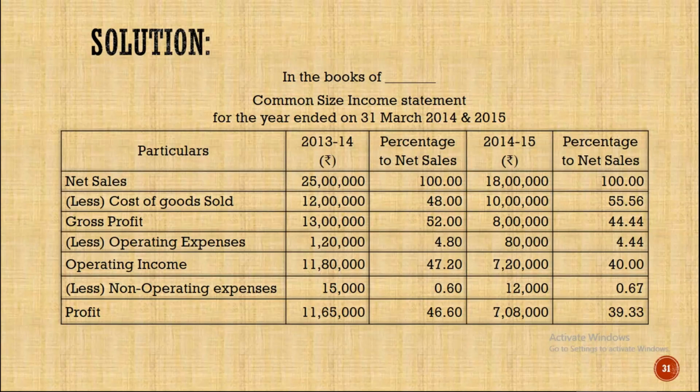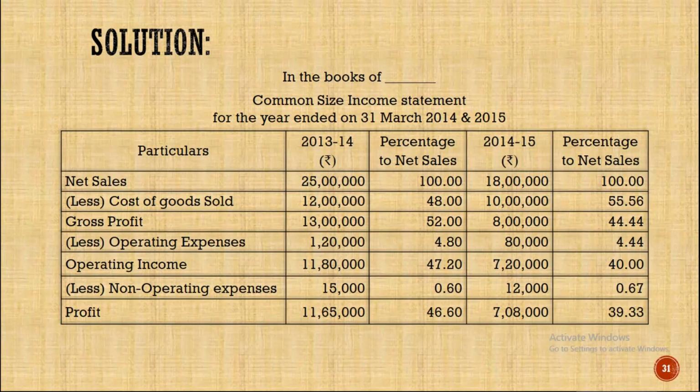In the same way, the base will remain the same and only the line item will change. For calculating the gross profit figure, we do 8 lakh divided by 18 lakh into 100, which will give you 44.44%. For operating expenses, 80,000 divided by 18 lakh into 100 will give you 4.44%.